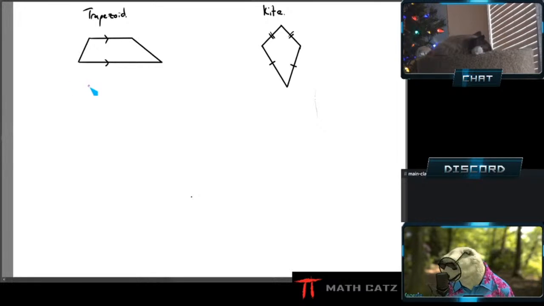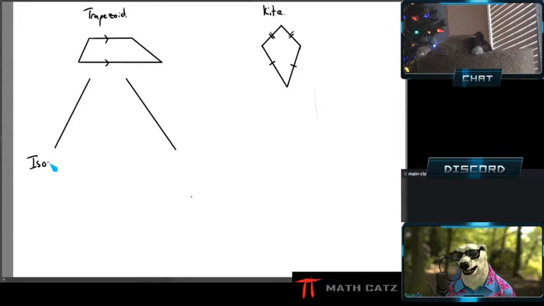Then I can say, let us split the trapezoid into two more specific kinds of trapezoids. First one is not that common, but sometimes people mention it.